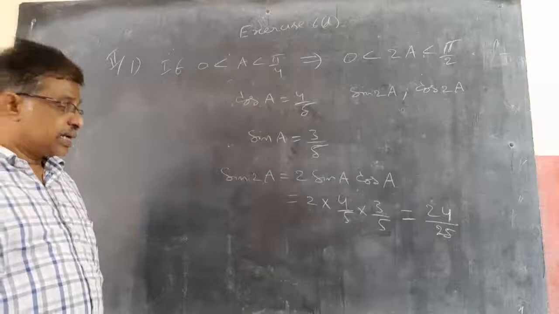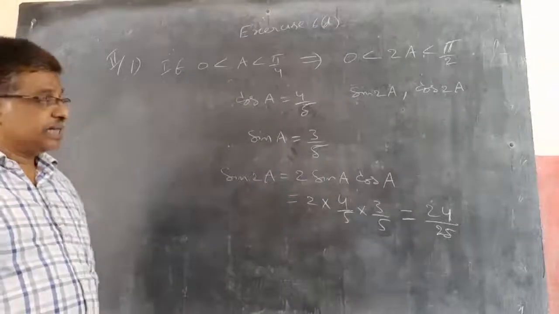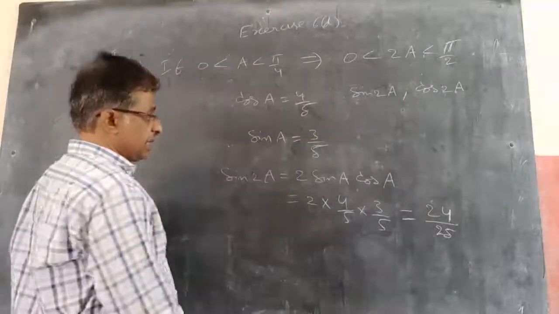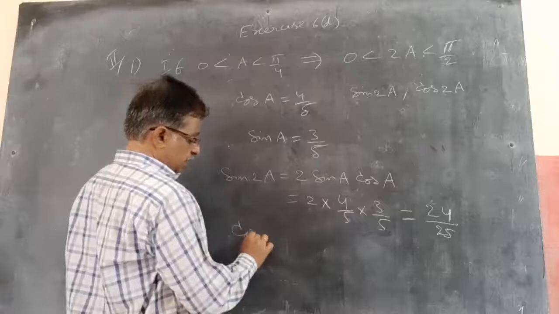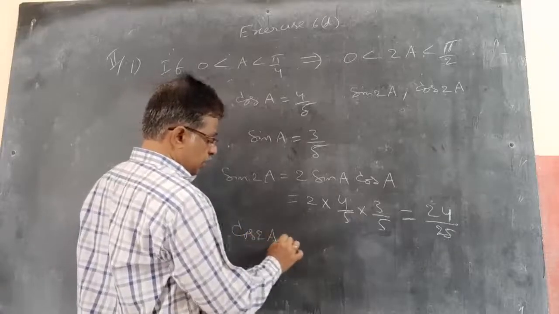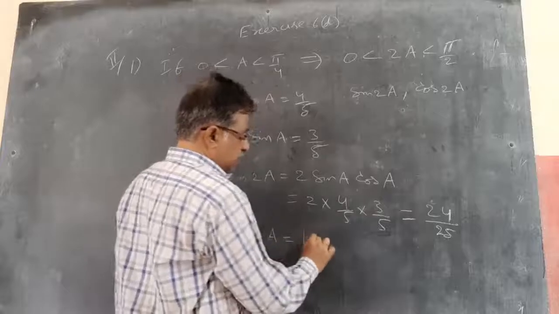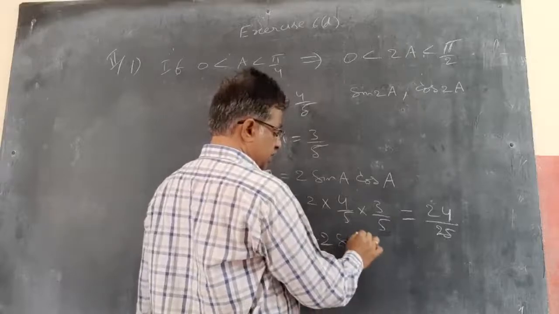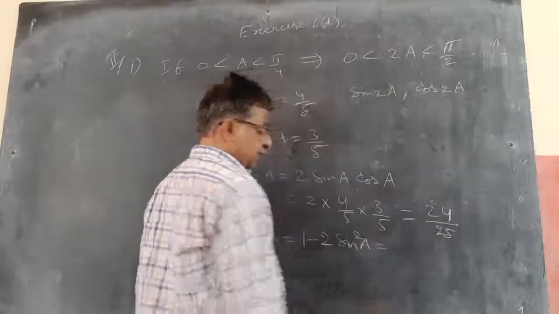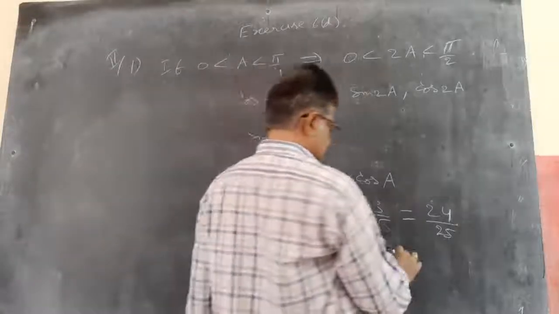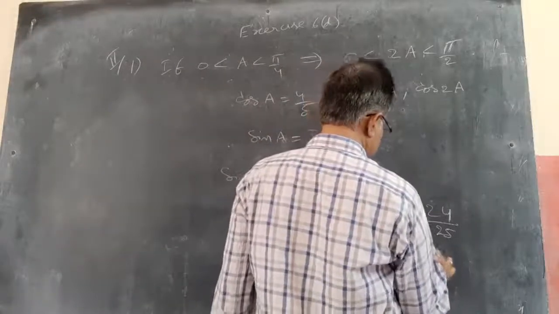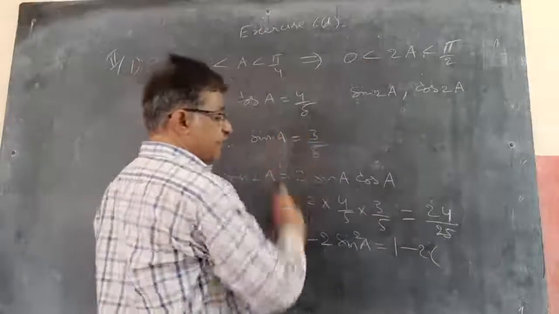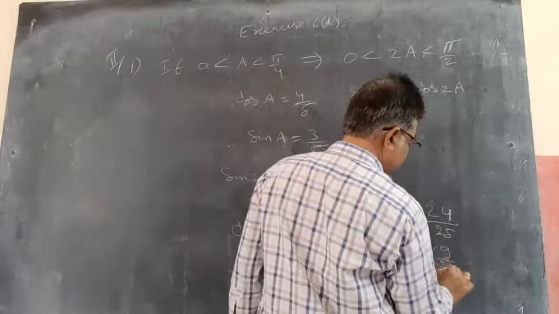Next cos 2a. You can again go for the triangle method or directly 2 cos square a minus 1 or 1 minus 2 sin square a. So I am going for the formula method. Cos 2a equal to 1 minus 2 sin square a, which is 1 minus 2 into 3 by 5 whole square. 3 by 5 whole square is 9 by 25.